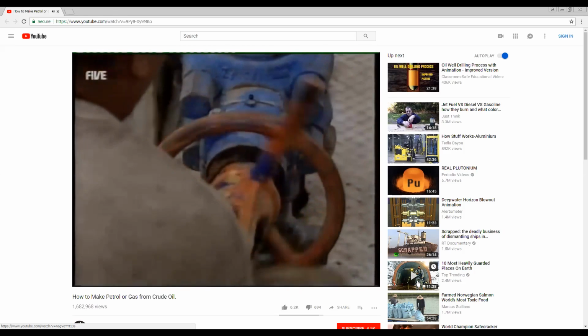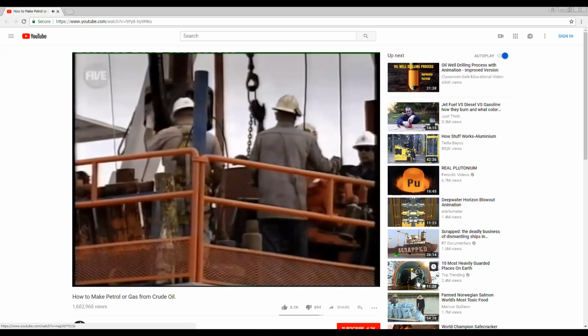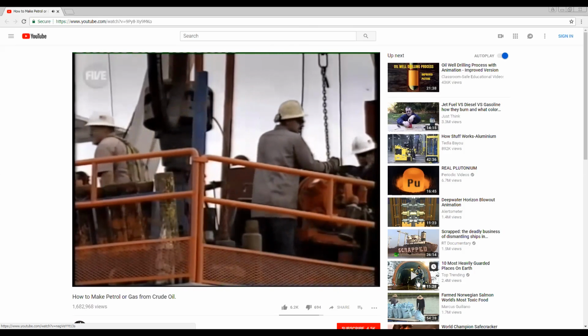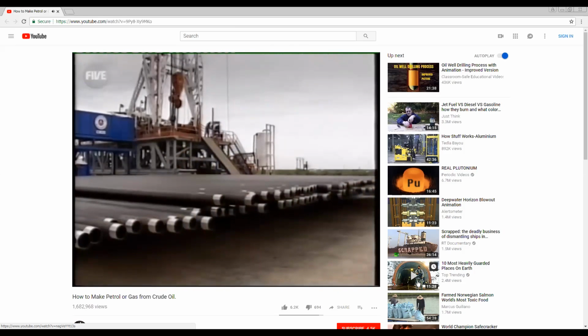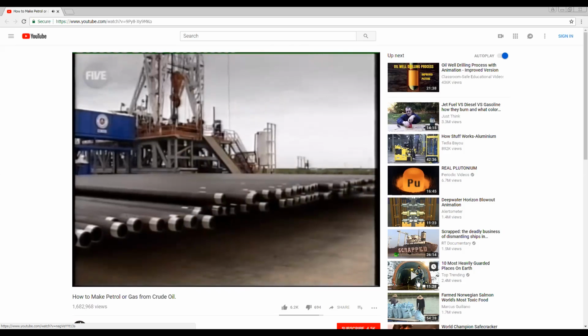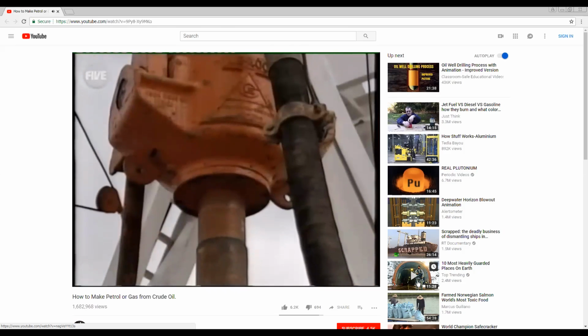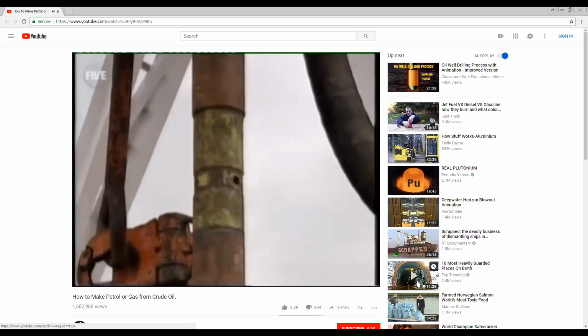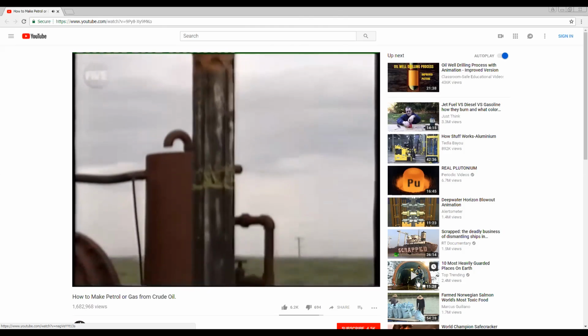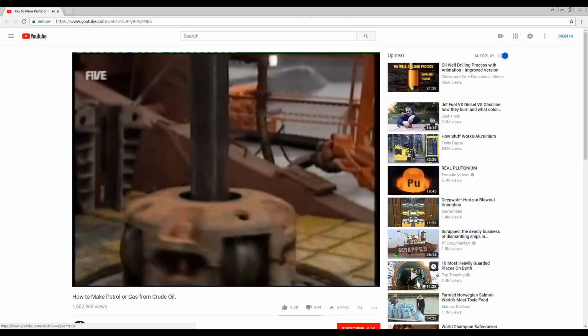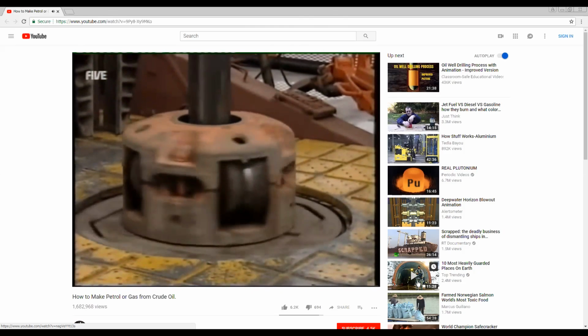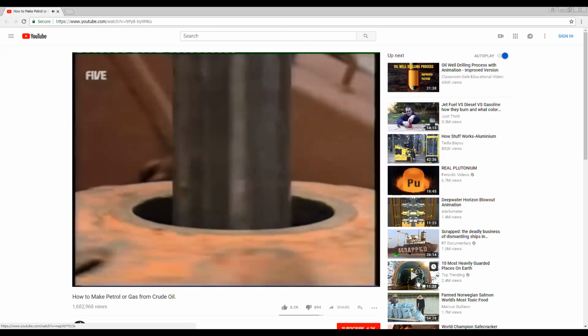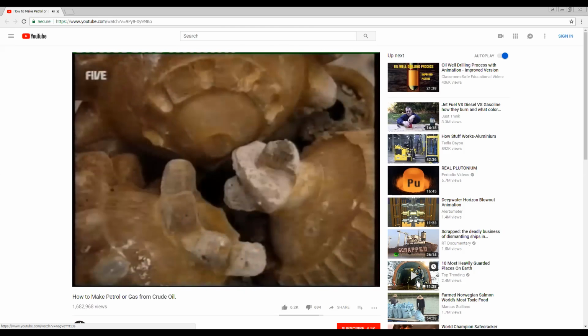But the team face an arduous task, getting the oil out. In this area, known as the Permian Basin, the crude lies up to 2 miles down, trapped in rocks over 250 million years old. To reach it, they use the derrick's huge motors to grind a diamond-tipped drill bit deep into the earth.